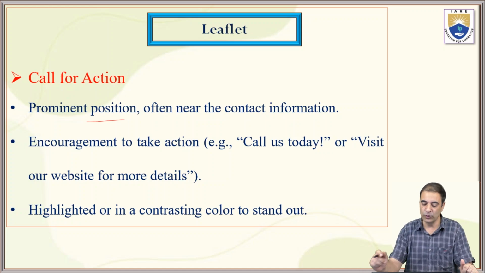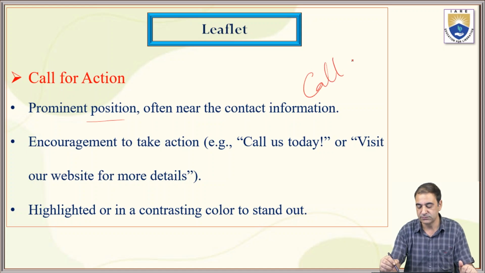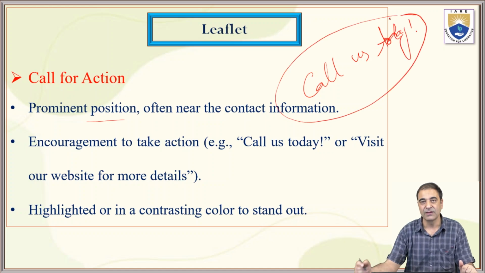First of all, we write these things. For example, if it is like call us today, we put it in a circle so as to highlight it, or sometimes we write it in different contrasting colors so that it can stand out from the rest of the text.